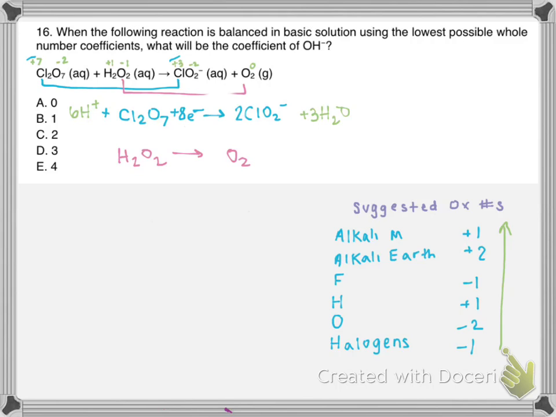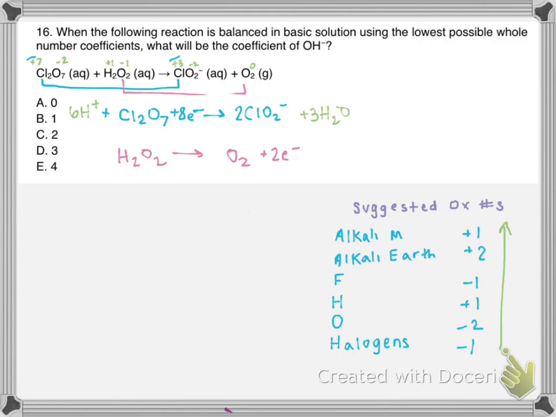And so if we look at the oxidation number on the oxygen, it's going from -1 to 0. So it's becoming less negative, which means it's giving off electrons. And so here we have 2 oxygens doing this in each. So we're going to be giving off one electron per oxygen, so a total of 2 electrons.